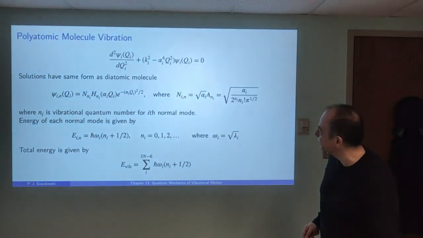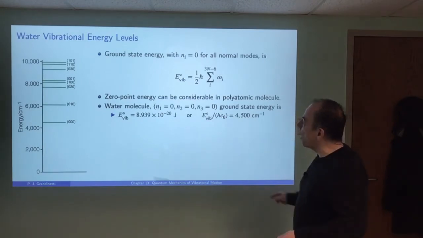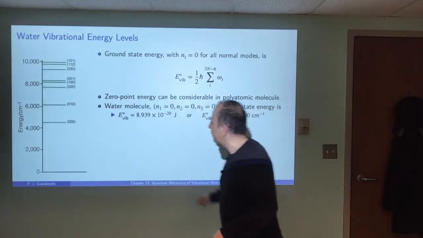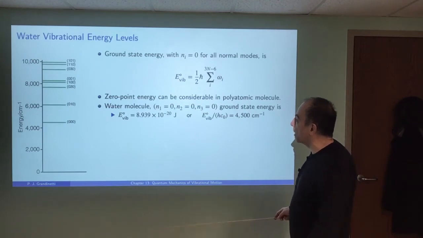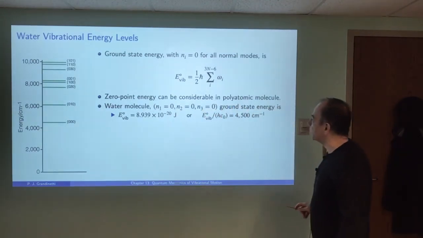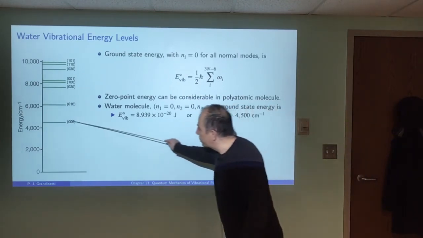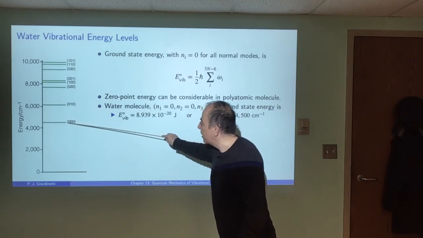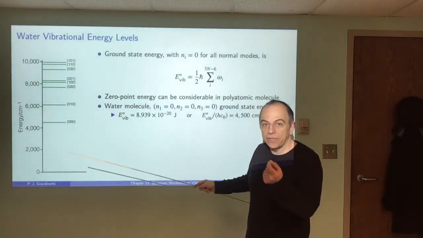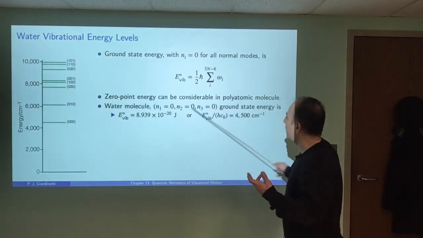So if you take the case, for example, of the water molecule, this is what the first few energy levels for the water molecule look like, and these are all calculated in the harmonic oscillator approximation. Then you see that this is what the zero-point energy is. So this is what we have: N1, N2, and N3. Those are the three normal mode quantum numbers here.